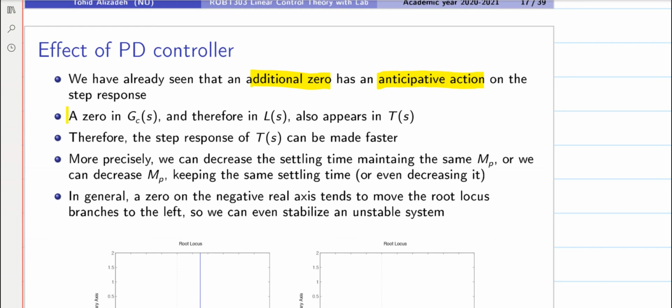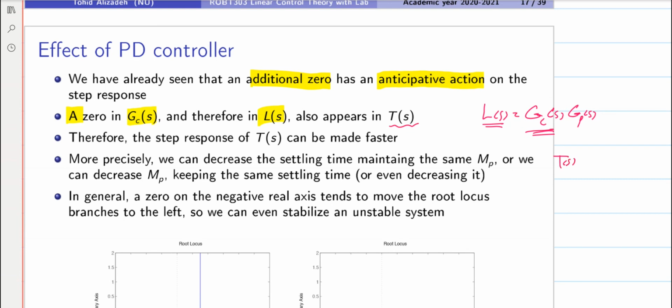On the other hand, a 0 in the controller, and therefore in L, because L is equal to Gc times Gp, if we have a 0 in the controller, that 0 will appear in the loop transfer function, and it will also appear in the closed loop transfer function.